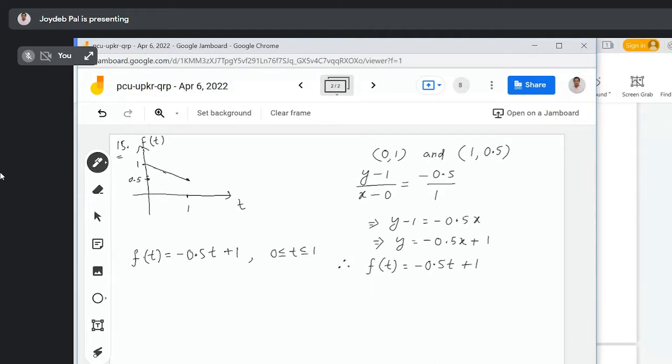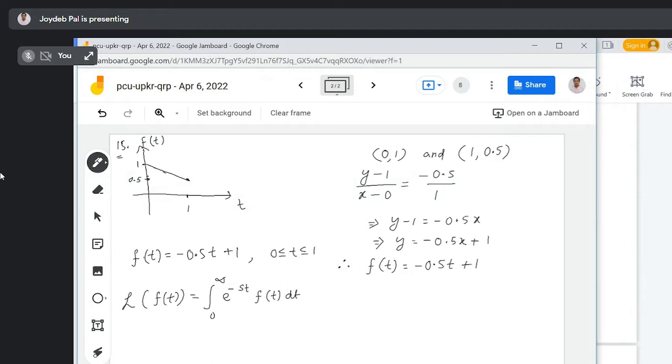Now the Laplace transform of that f(t) will be the integral from 0 to infinity of e to the power minus st f(t) dt.